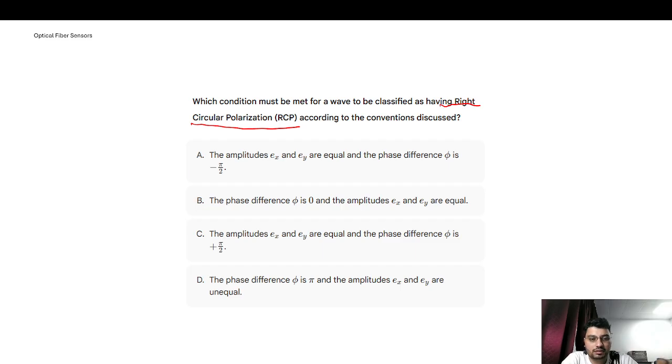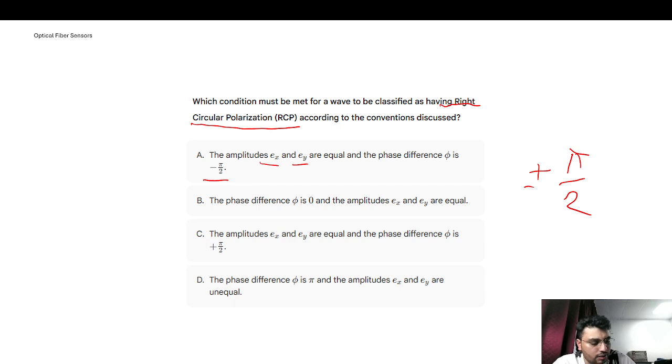Yeah, so it's correct. Actually, here is a thing. The amplitudes Ex and Ey are equal and the phase difference phi is minus pi by 2. It can be plus pi by 2 or plus minus pi by 2, but we are talking about the phase shift in right circular polarization.